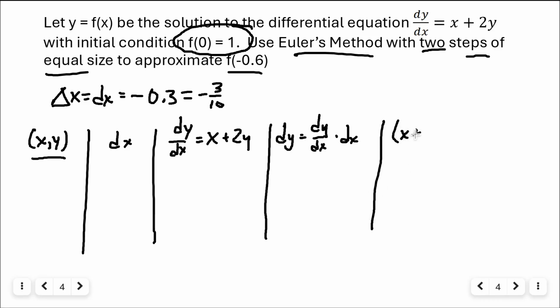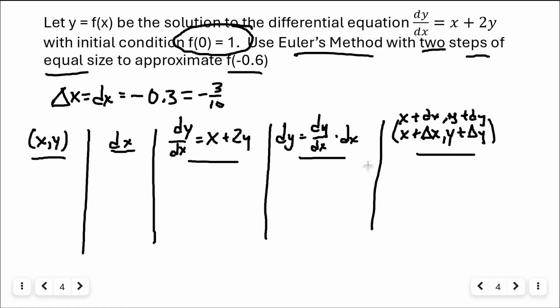And then we have x plus delta x and y plus delta y, or x plus dx and y plus dy. All right, so here we go. We're starting from the point (0, 1) again. dx is negative 0.3 or negative 3/10. I think it's going to be easy. It doesn't make a difference.